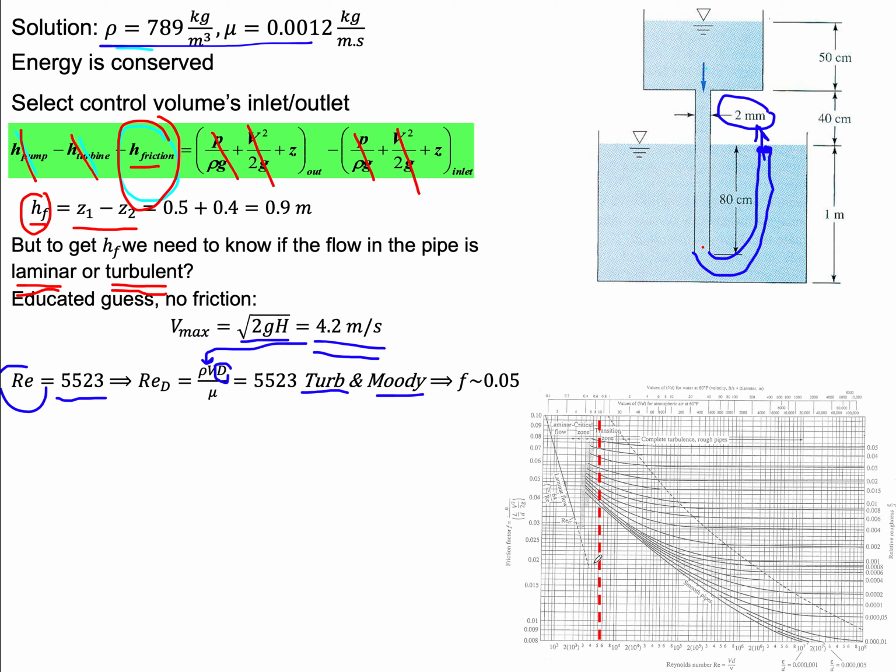So bear with me here. So here's my Reynolds number, 5,500, and I have a choice of curves to pick from. Since this pipe is very small, 2 millimeters, I would imagine that it has to be very smooth, made out of glass.